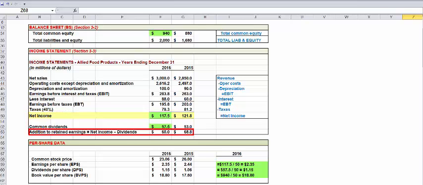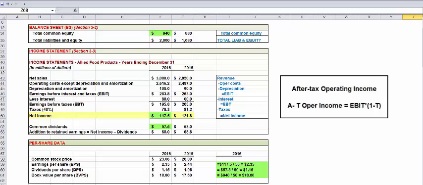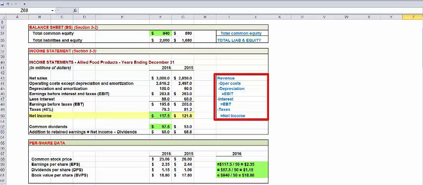The adding to retained earnings is the link between the income statement and the balance sheet. A frequently used figure that's not obvious right here is after-tax operating income, which is EBIT times 1 minus the tax rate. The general outline of a simple income statement is again shown on the right in blue, just to give you the general line item setup.